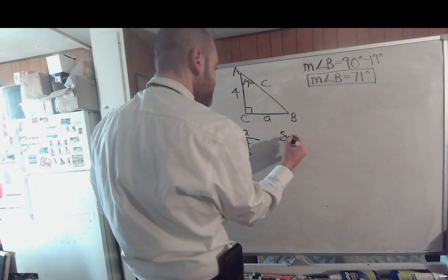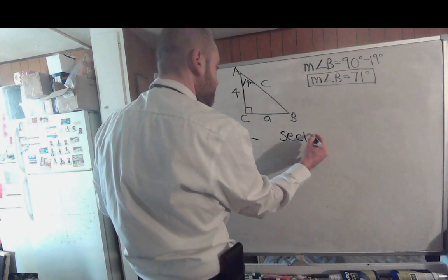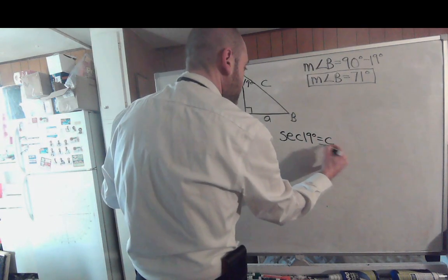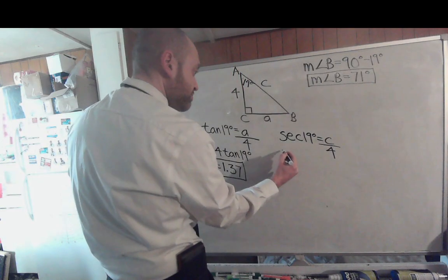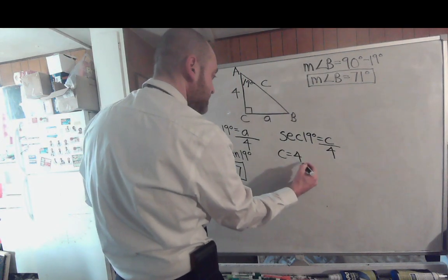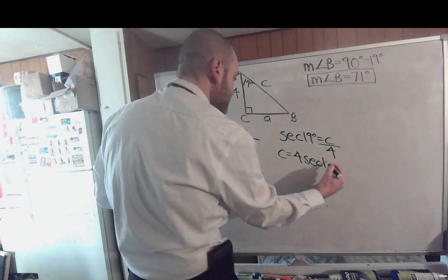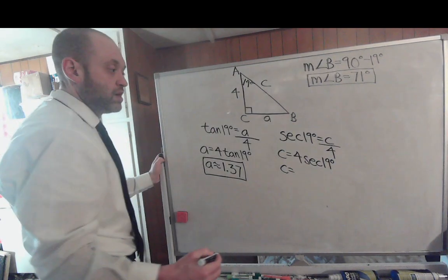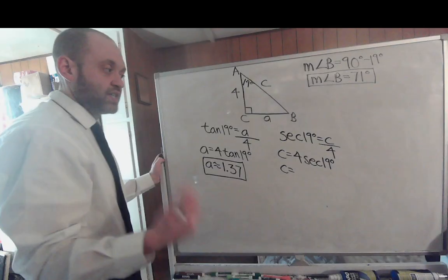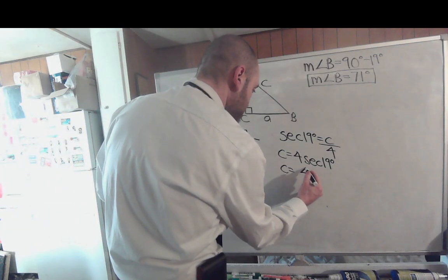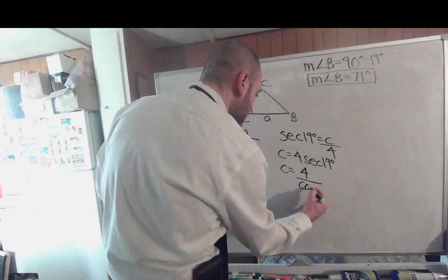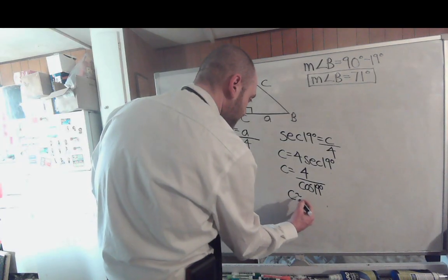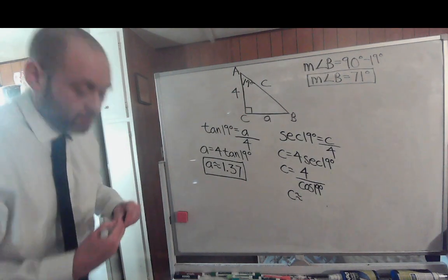So we can take the secant of 19 degrees, which would be equal to that hypotenuse C all over 4, which means C equals 4 times the secant of 19 degrees, which, in order to put this into your calculator, we need to convert secant into its reciprocal function. So this would be the same as 4 divided by the cosine of 19 degrees. And then we should be able to get a 3 decimal approximation for C.